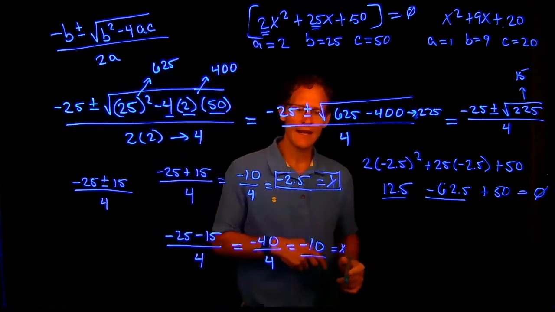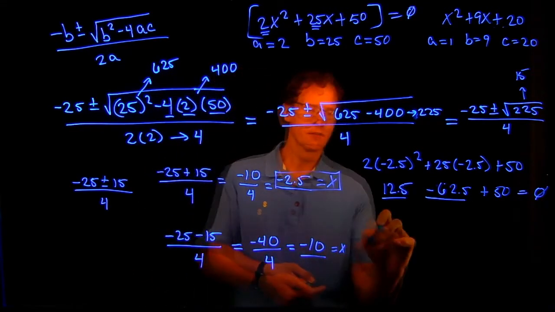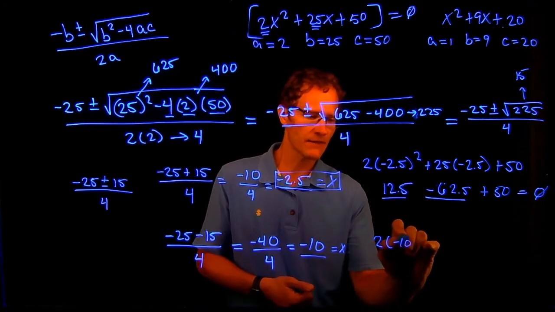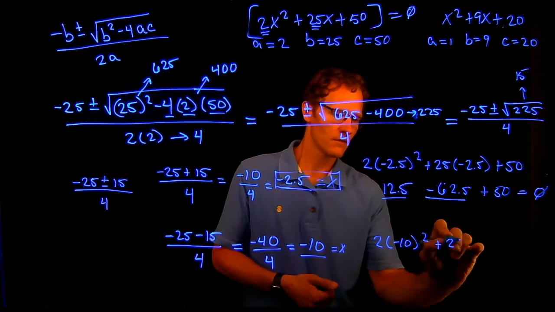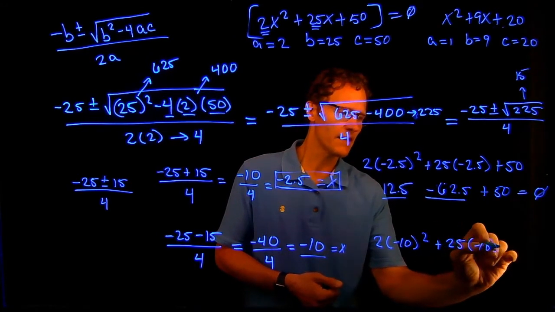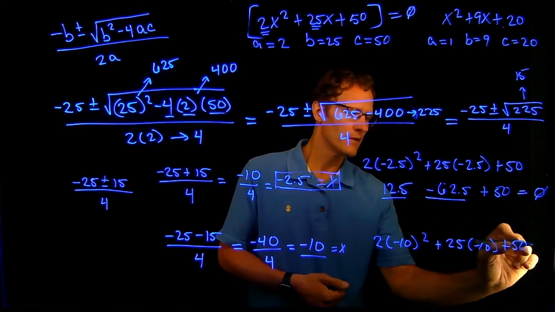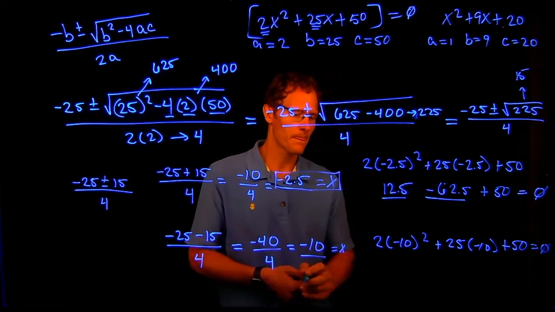X being negative 10 is a little bit easier. 2 times negative 10 squared plus 25 times negative 10 plus 50 equals 0.